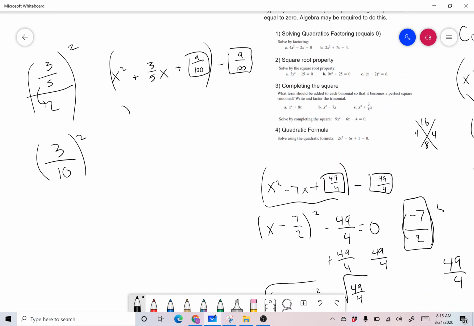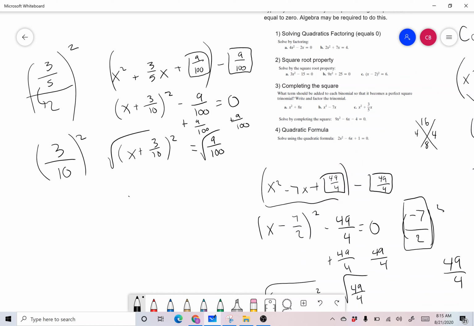And now this factors as x plus 3 over 10 squared minus 9 over 100 is equal to 0. So this is x plus 3 over 10 squared is equal to 9 over 100. I just added this. And we square root: x plus 3 over 10 is equal to plus or minus 3 over 10.